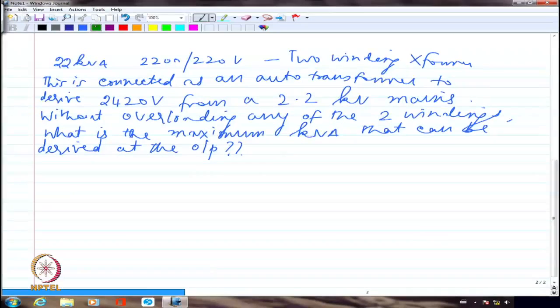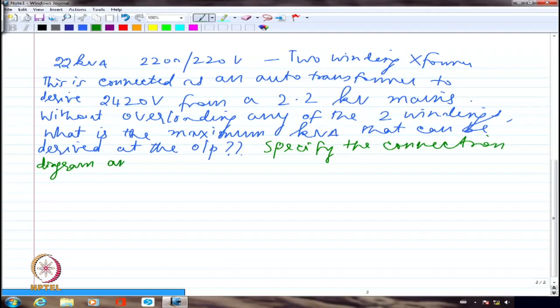During the maximum kVA output, specify the connection diagram and the currents drawn. Fine? So let us take a look at how this works. Hopefully this will clarify the concept about kVA rating.